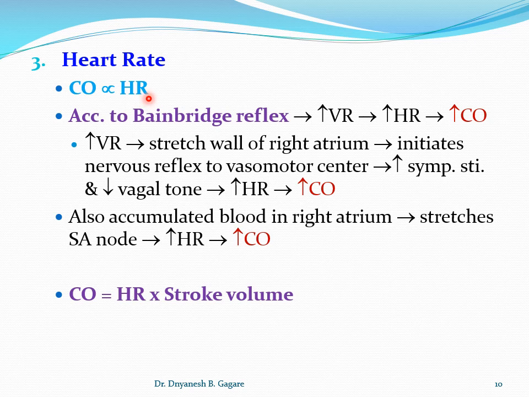Any increase in heart rate leads to an increase in cardiac output, because of this formula: cardiac output is equal to heart rate times stroke volume. Stroke volume we discussed under the force of contraction. Now we'll discuss here how the heart rate increases and how it affects cardiac output.